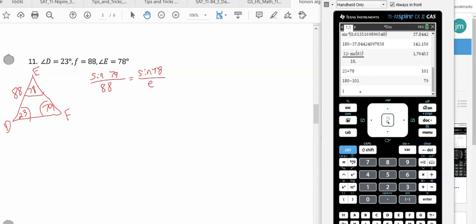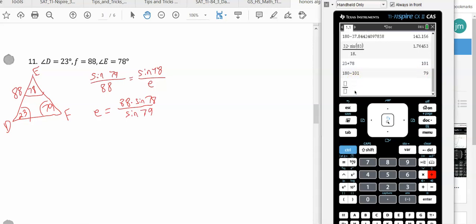Divided by lowercase e. So e is going to equal the fraction 88 times sine of 78 divided by sine 79.